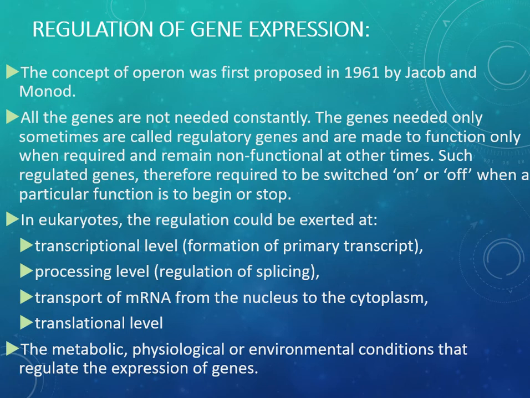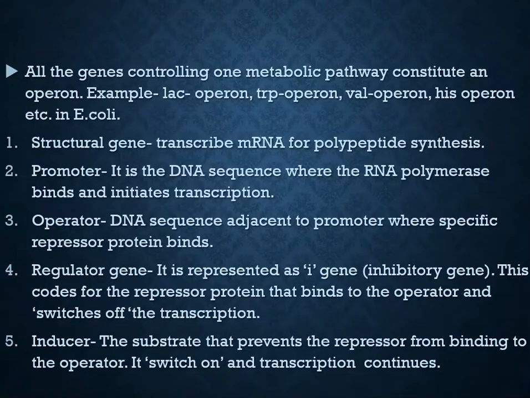What are the components of an operon? First, structural gene. Then second, we have promoter, operator, regulator gene and inducer. The various types of operons are lac operon, tryptophan operon, valine operon, etc.